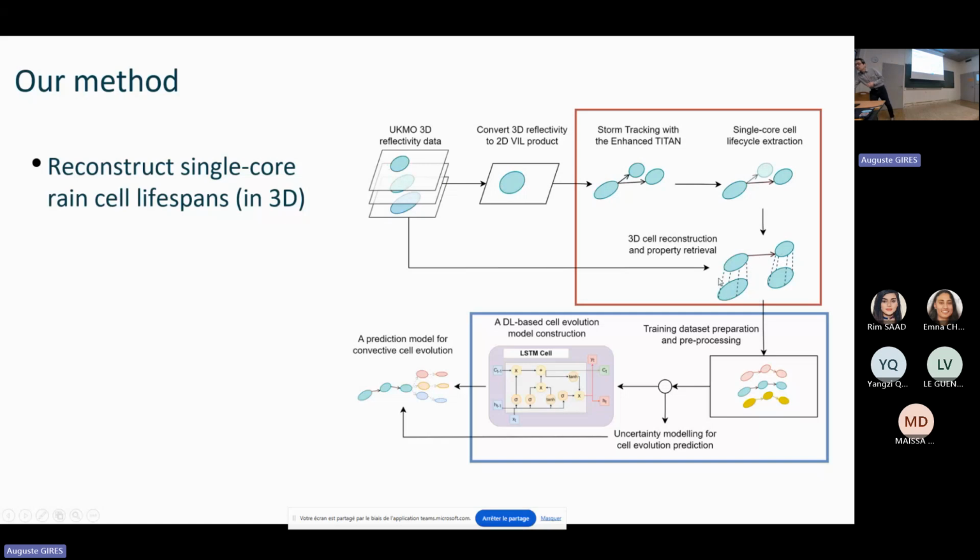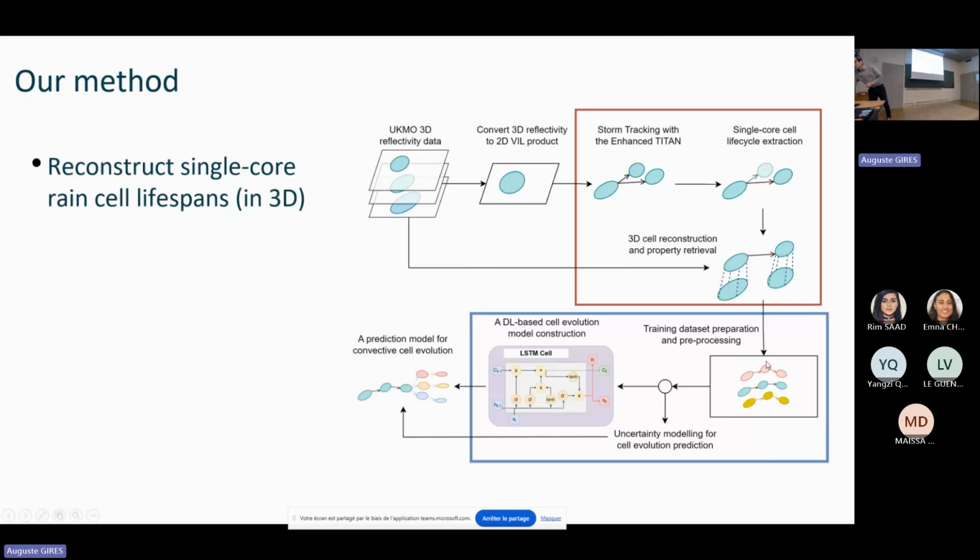Through the 3D, we can find the altitude of our convective core. That's the one we are looking for, because it potentially becomes a good indicator of how the properties evolve during the life cycle.